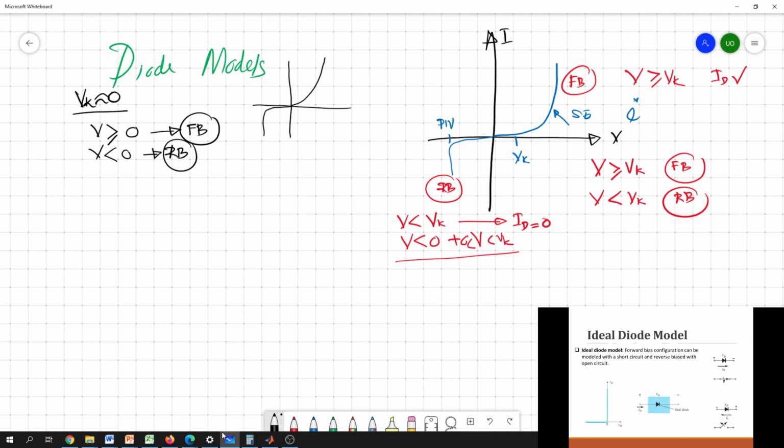If the voltage across the diode is greater than 0, the diode is in the forward bias region, otherwise the diode is in the reverse bias region. By looking at these two conditions, we can build a model like this. So the model is something like that.